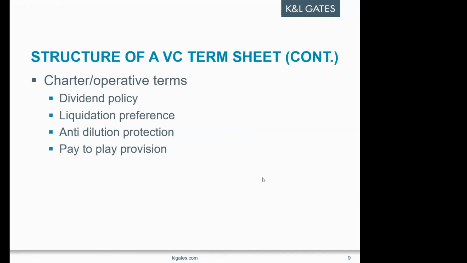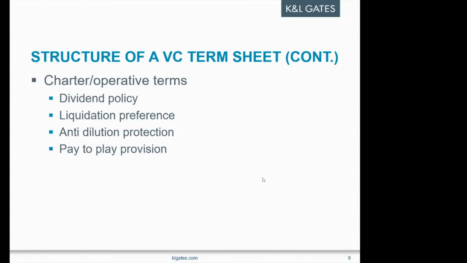Typically, preferred shares supersede the rights of common shares held by common shareholders. And common shareholders, as you may know, are the founders, maybe people from the consulting team or the core team who hold those common shares.